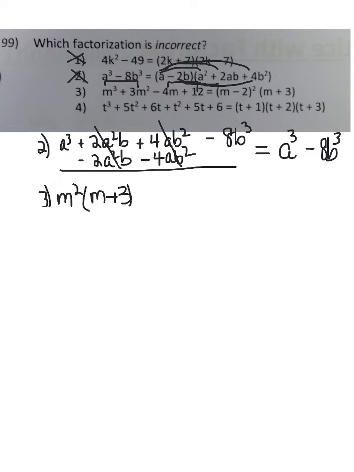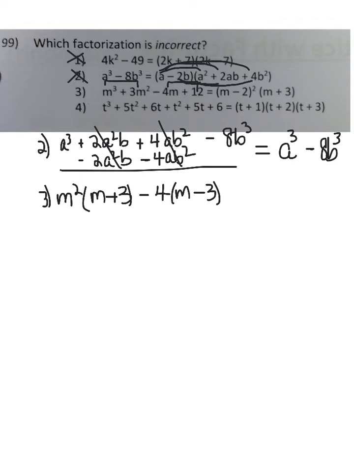Now for these second terms, remember, if your first term has a negative, let's take out a negative. And I see that 4 and 12 have a common factor of 4. So I'm going to take out a negative 4. And when I divide that, that's going to give me a positive m and a negative 3.